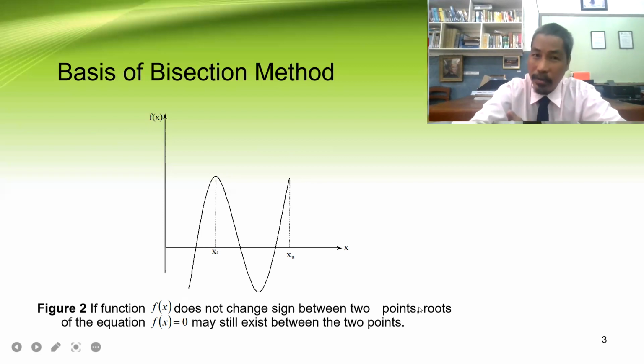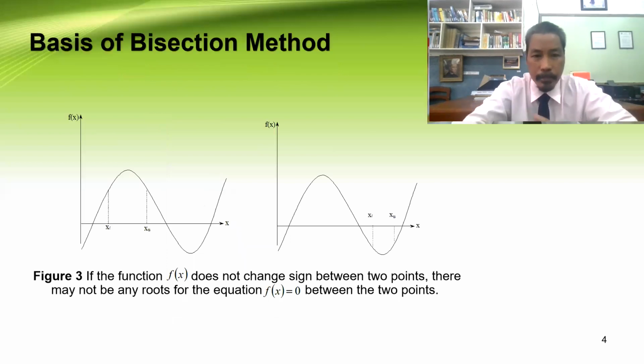But now, you will notice there are 2 roots. In figure number 1, the previous slide, we have 1 root, because the function changes in sign, and therefore the theorem is correct.